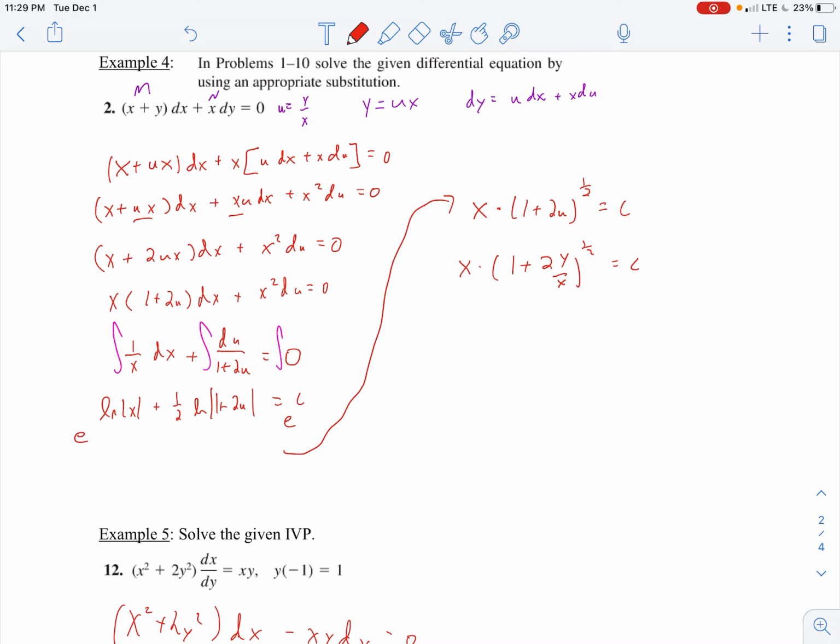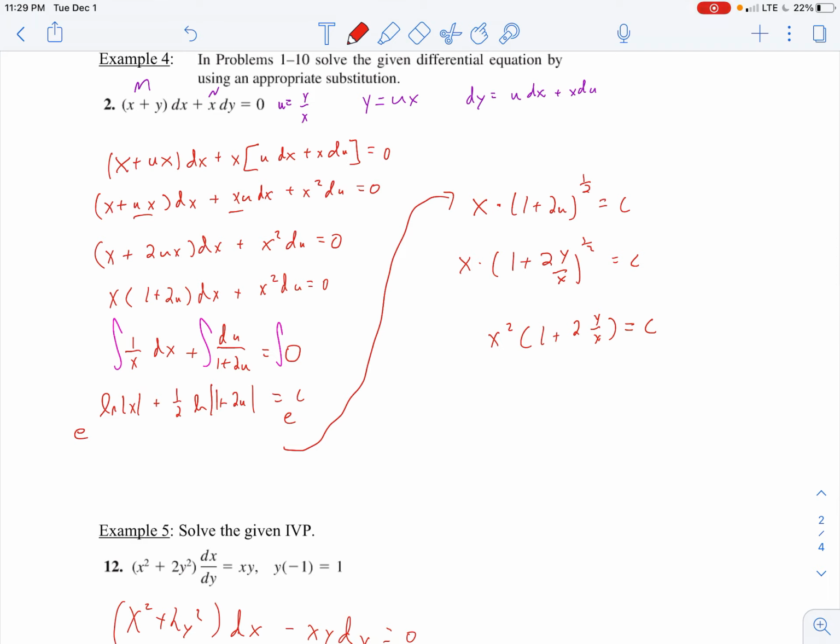So there's the equation solved. Now I can write that in a better way. So what I'm going to do is square the left-hand side and the right-hand side. If I square the left-hand side, I'm going to get x squared times 1 plus 2y over x is equal to c squared, which is still just going to be that constant c.